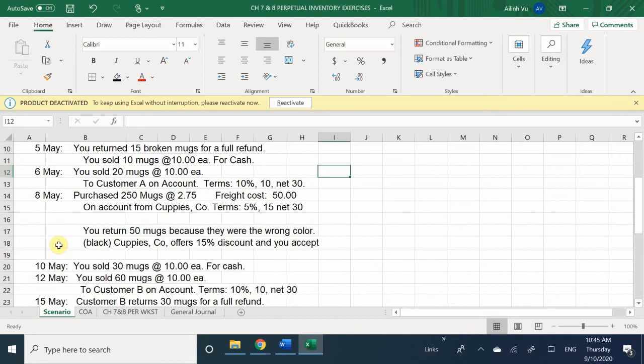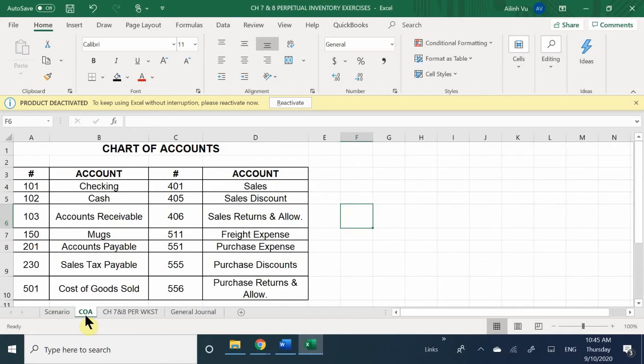Good. So we bought an additional 250 mugs at 275 with the freight of 50. Since we know what we're going to be purchasing, and our keyword was on account.